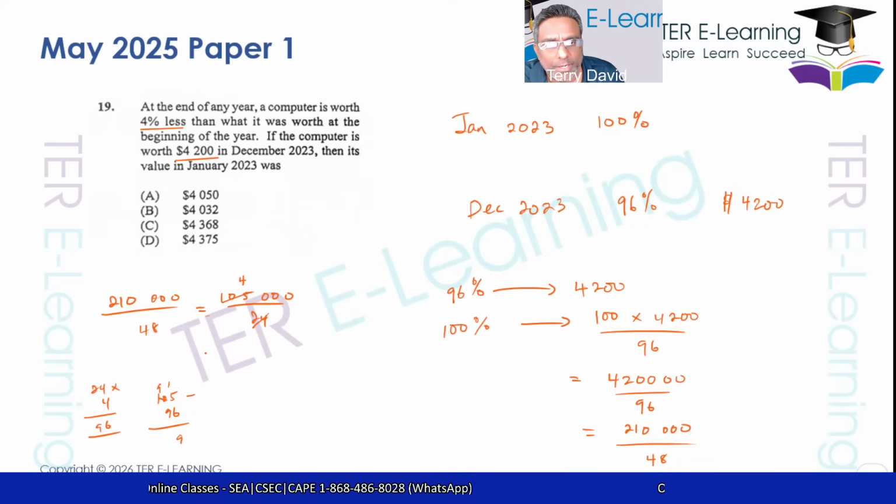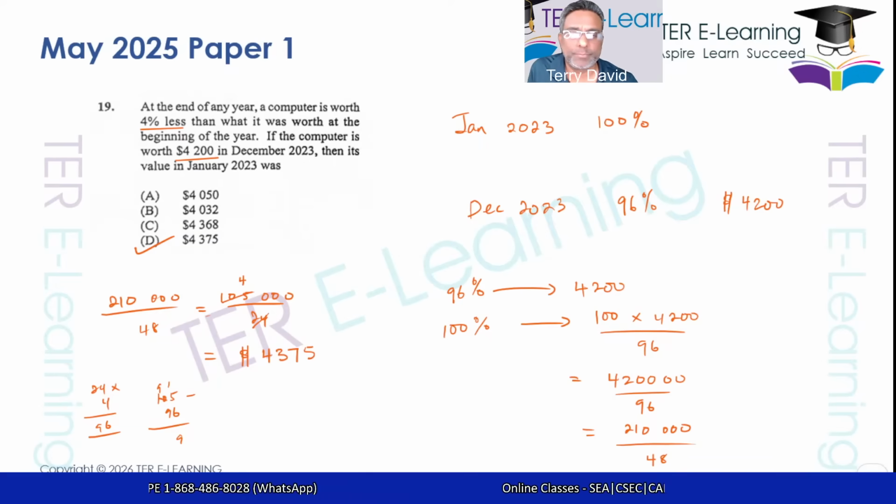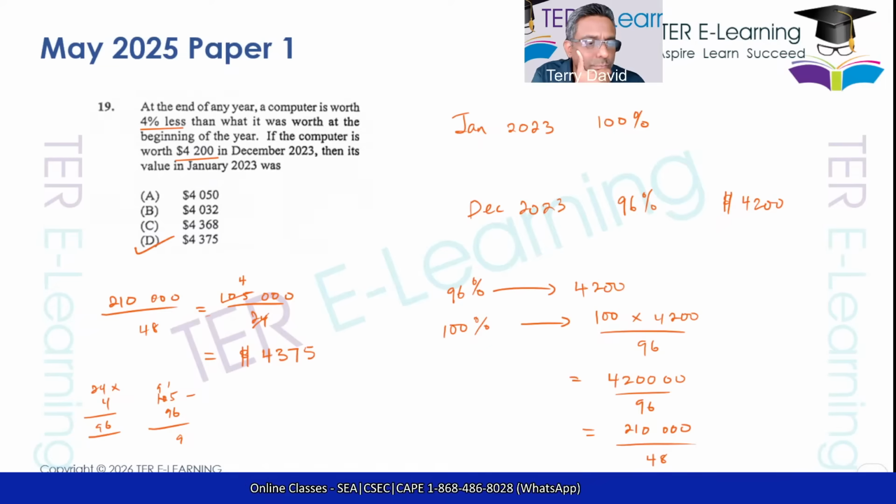All right, so when you work out all of this here, I remember the answer. You should get 4375. You should get D, right? Right?